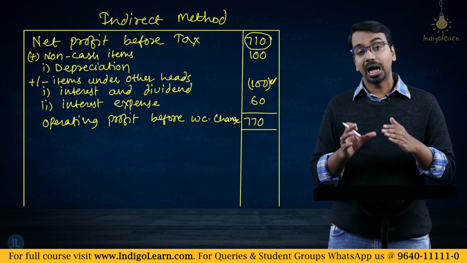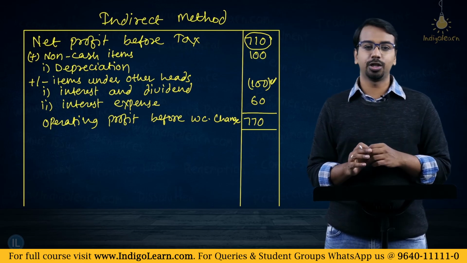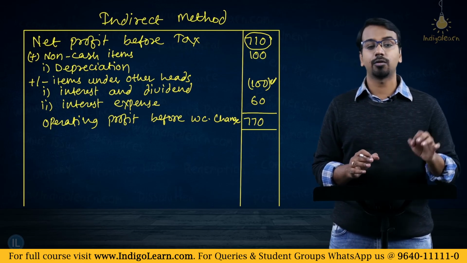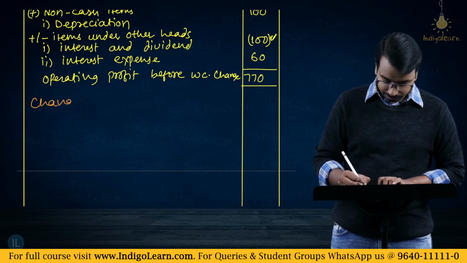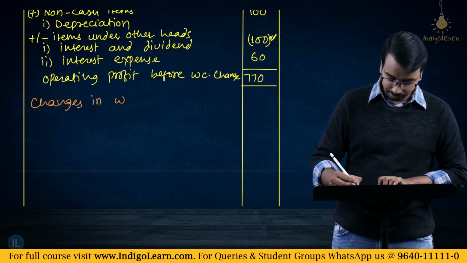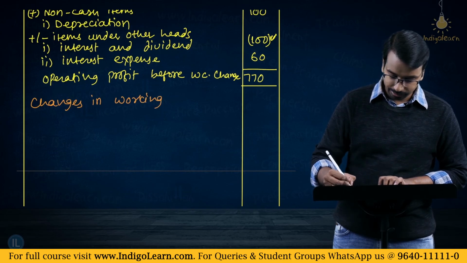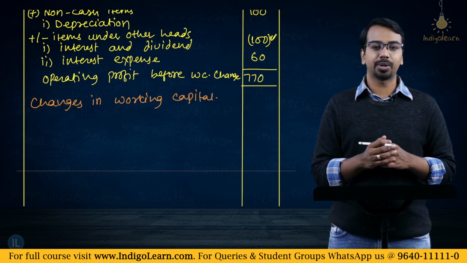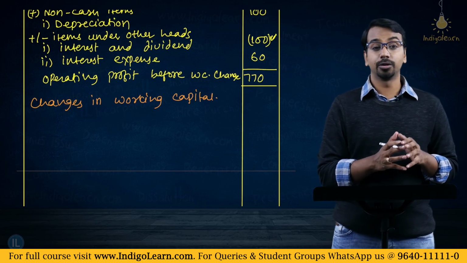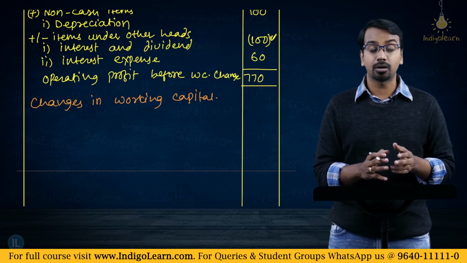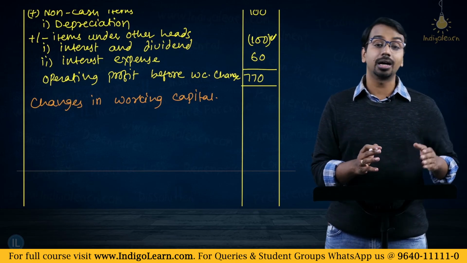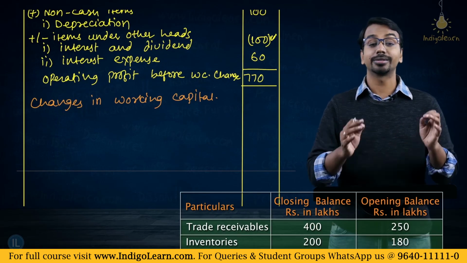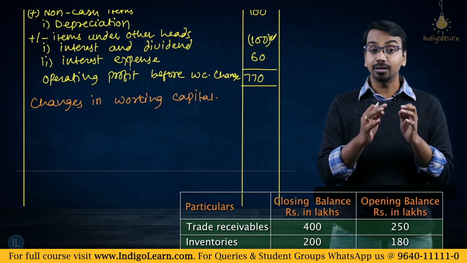Okay. Now after this, the next thing that we need to do is factor in changes in working capital. Now what are these changes in working capital? See, like we discussed in our earlier modules, you will have to give the impact of the difference between opening stock and closing stock, opening debtors and closing debtors, opening creditors and closing creditors, so that you arrive at the cash flow.